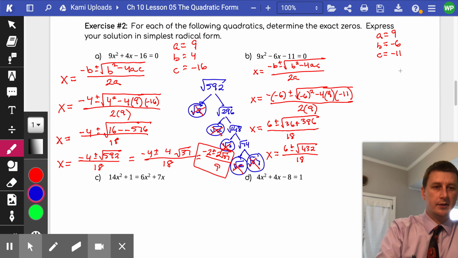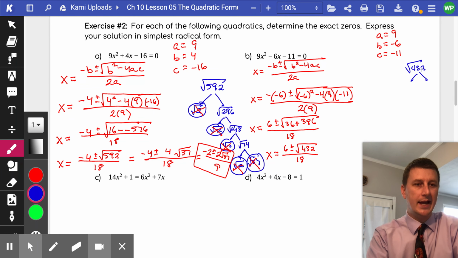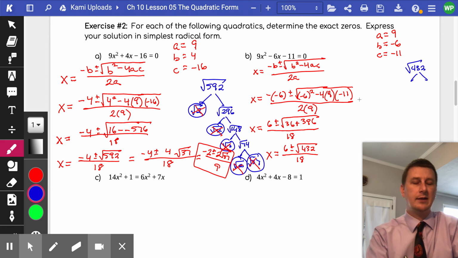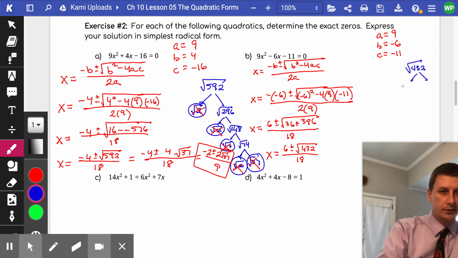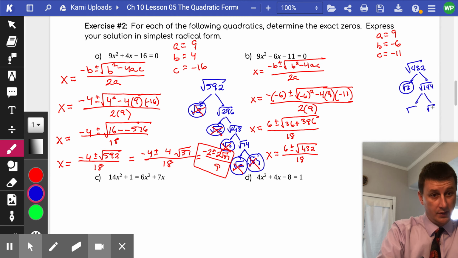So again, I'm going to bring my work over here, and I'm going to write 432 and simplify. And instead of starting with 2 like I did over here, I could see that this number is divisible by 3. So let's start off with dividing by 3. So we're going to have the square root of 3 times the square root of 144 will give me the square root of 432. Circle my 3. And now two numbers that multiply here are going to be 12 and 12.